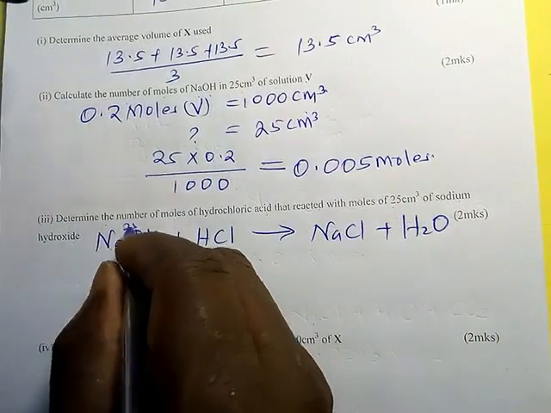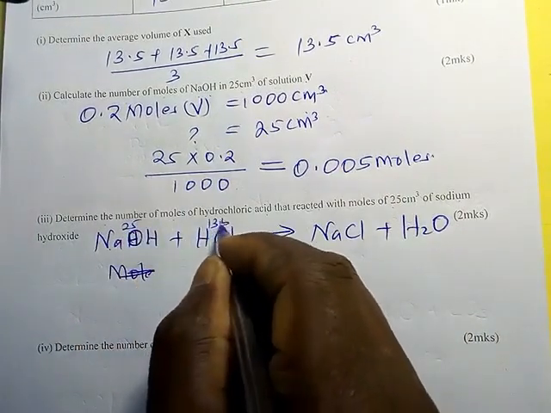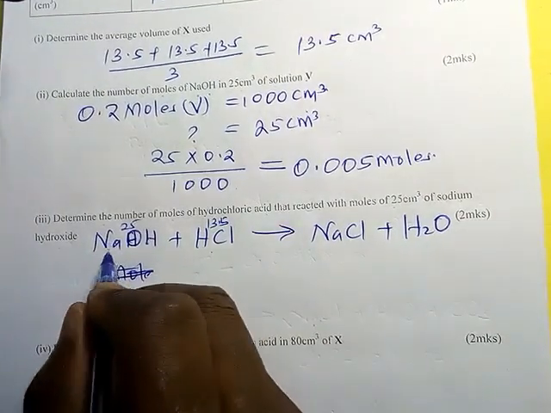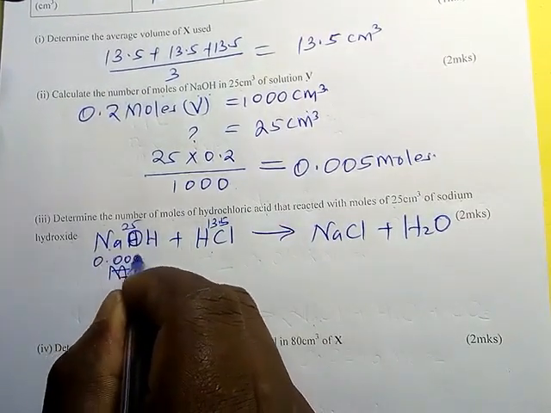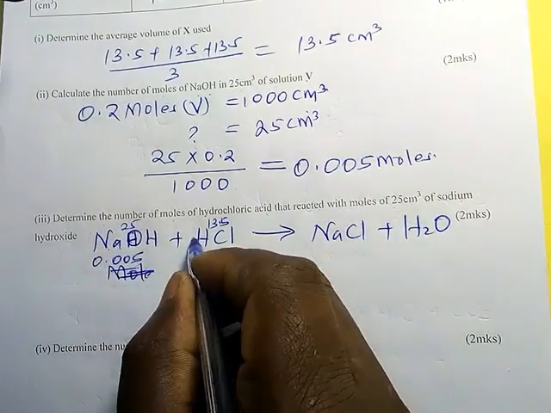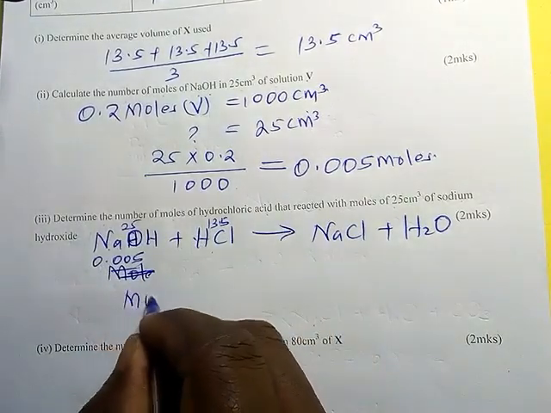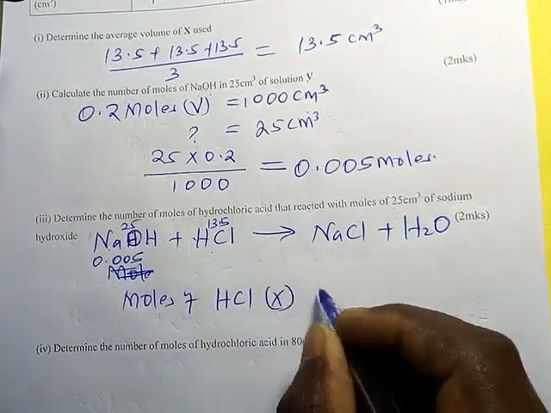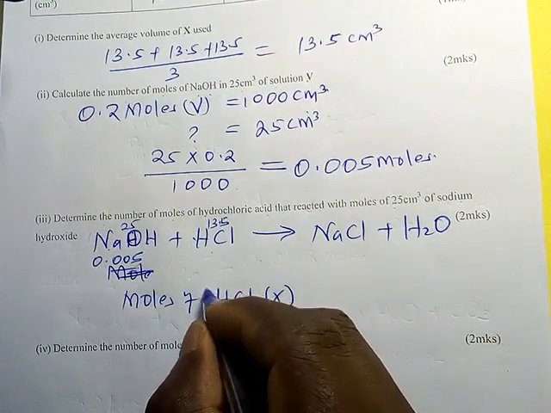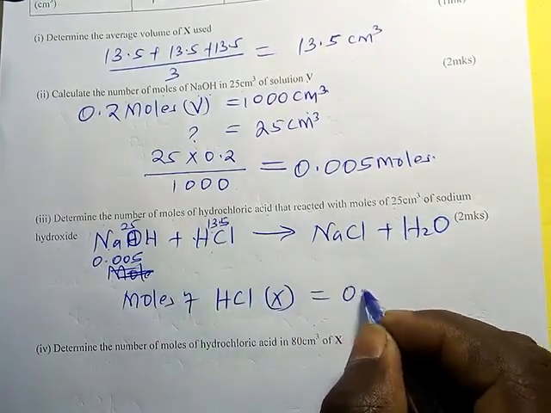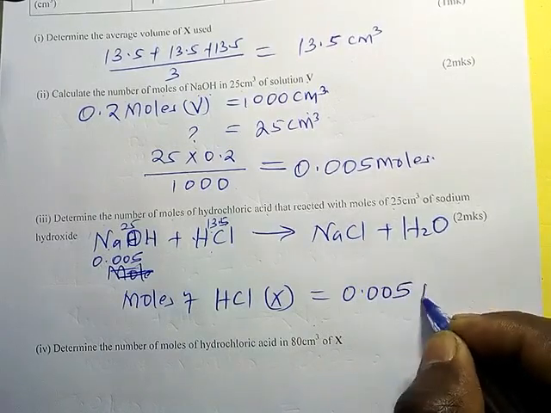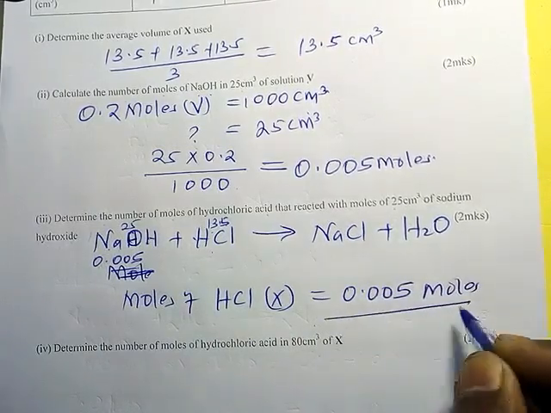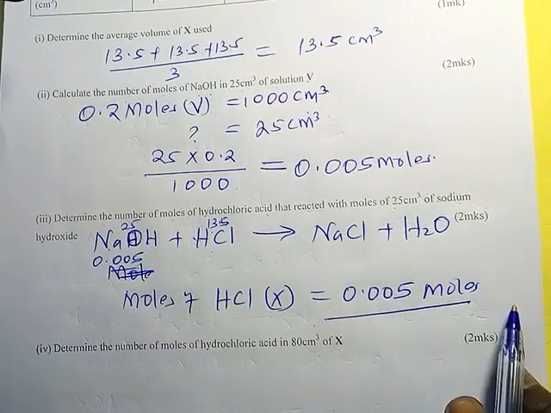This was 25, and this one is 13.5. So the number of moles here is 0.005, but the ratio is 1 to 1. It means that moles of HCl solution X that was used, the volume which is 13.5, equal to 0.005 moles, because the ratio is 1 to 1.